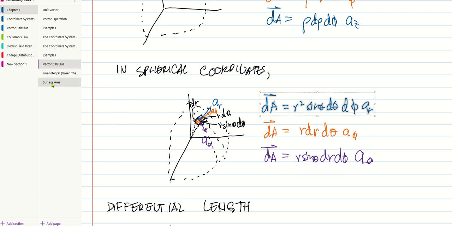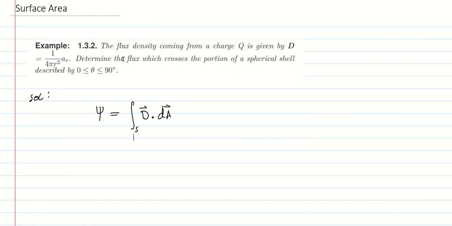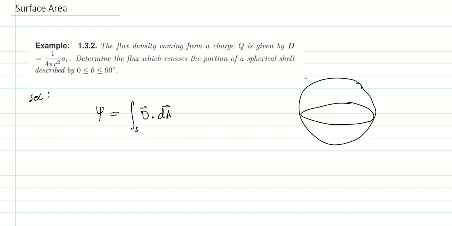The problem says we want to determine the flux that crosses the spherical shell. So if you have a shell, a sphere, then there's a charge inside that. So this is a positive charge.